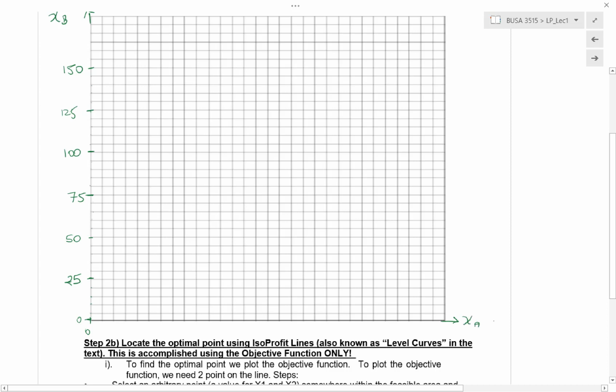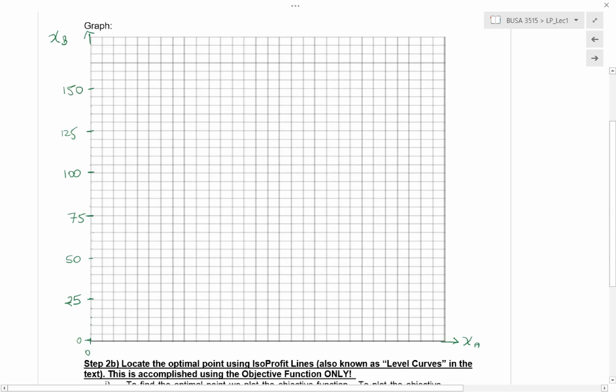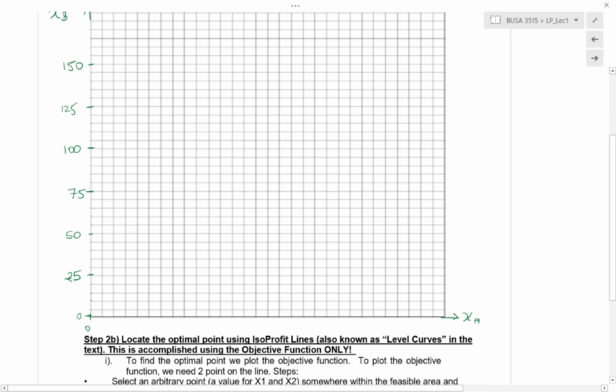Since I already know my scale, because I've done this example before, here's what I've picked. I'm going to go up by 5s on the xb axis, same thing on the xa. So 1, 2, 3, 4, 5 will be at 25, because really it's 5, 10, 15, 20, 25. Then 30, 35, 40, 45, and so on.